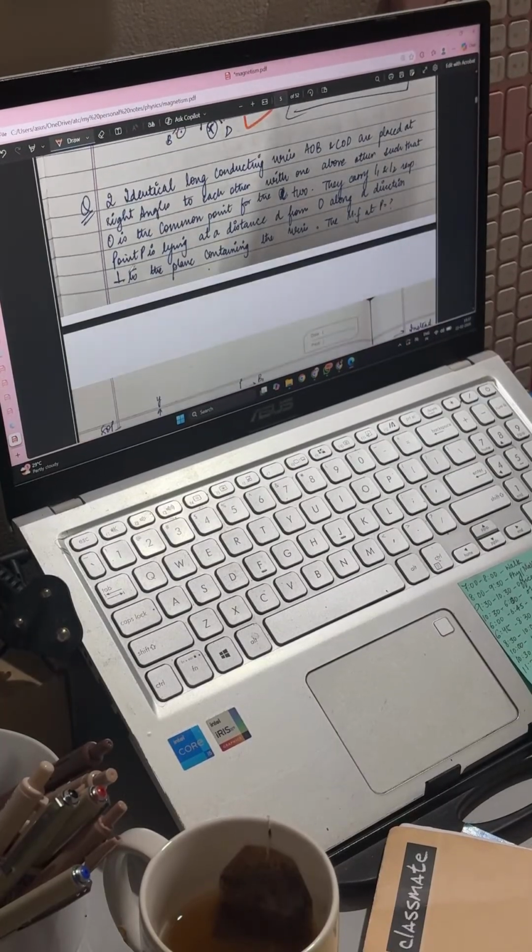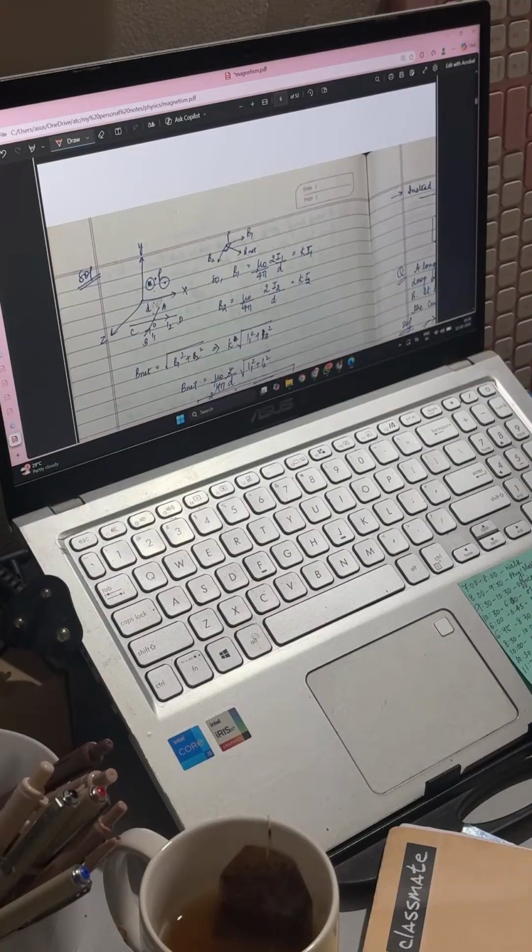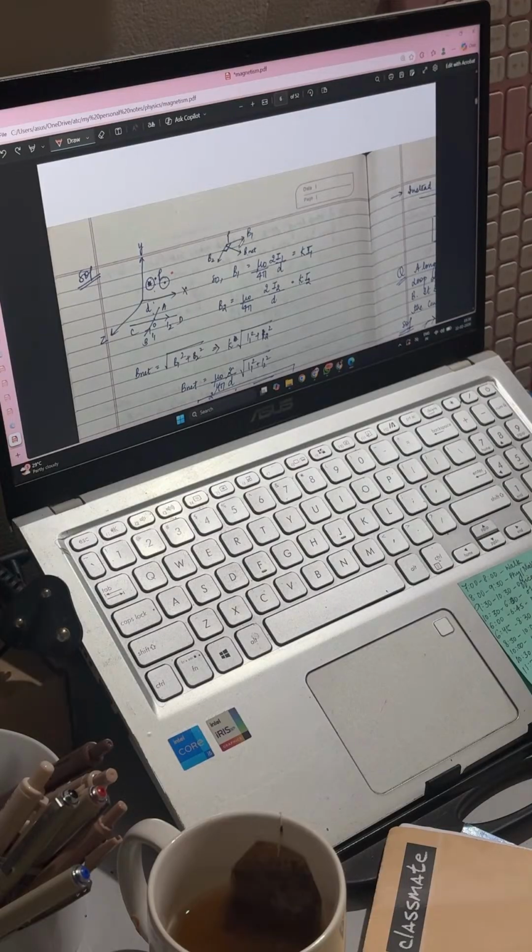Okay. Two identical long conducting wires AOB and COD are placed at right angles to each other, one above the other, such that O is the common point for the two. They carry I1 and I2 respectively. Point P is lying at a distance D from O along the perpendicular to the plane of the wires. Basically this is the condition, both the wires are lying in the XZ plane, and this is point P. So you will get some magnetic field B1 and then B2 and then B net.